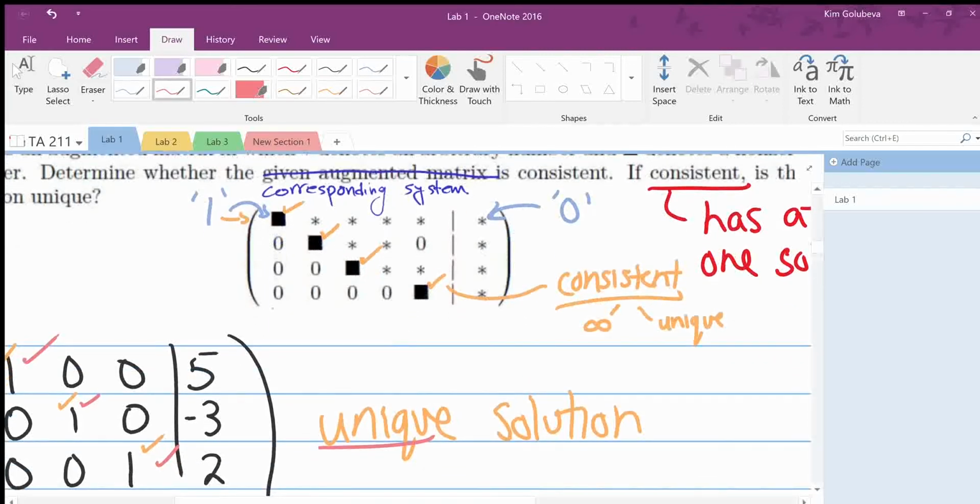Next, we're going through the columns. So check column 1. Yes, this column has a leading 1. This column has a leading 1. This column has a leading 1. But we see right here, this column does not have a leading 1, right? So because of this, we know that our system is consistent, but it has infinitely many solutions.